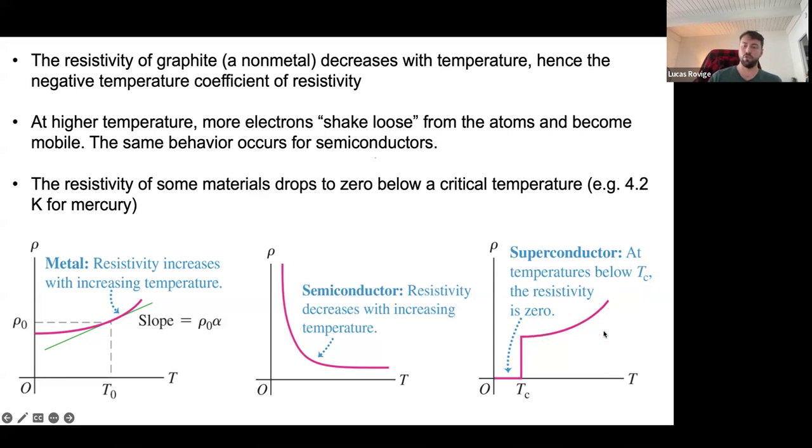But if you drop below a certain temperature, a critical temperature Tc, then they become almost perfect conductors.